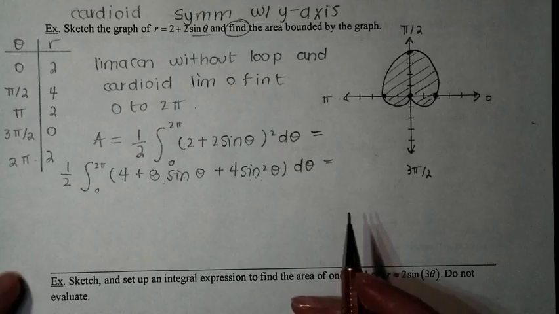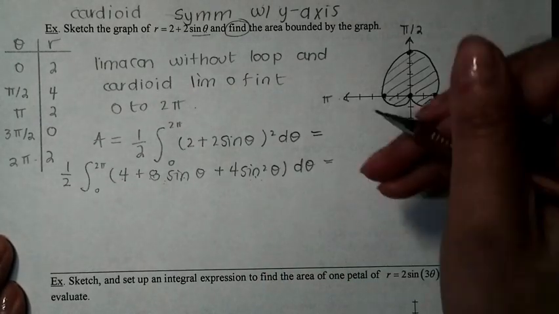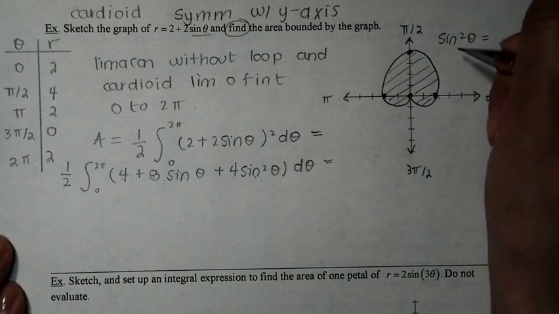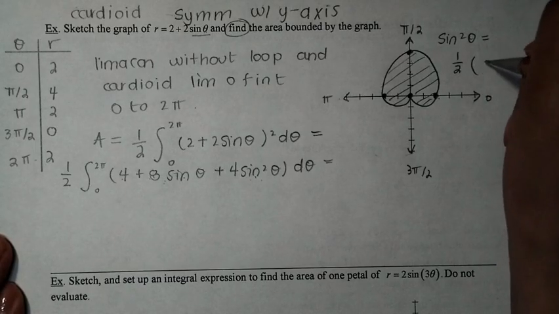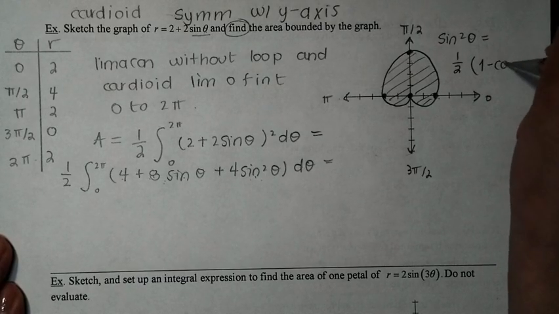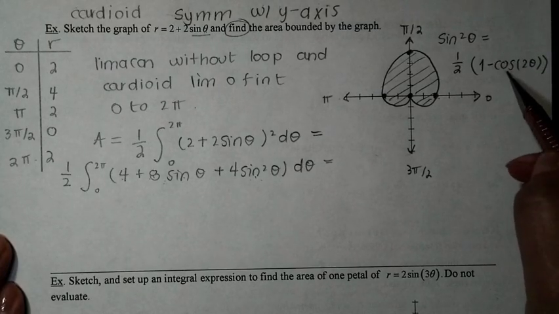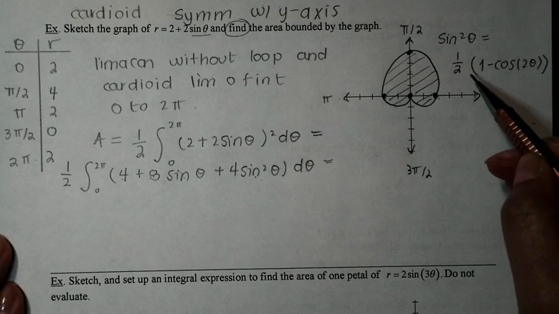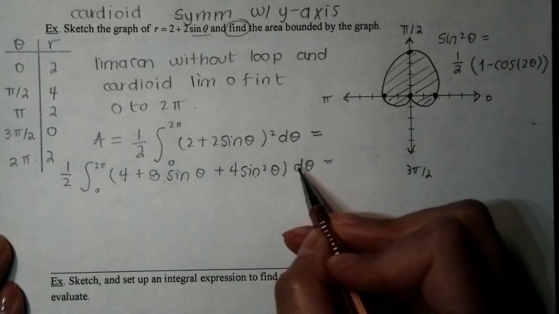What is the half angle formula? Sine square of theta is equal to 1/2 times 1 minus cosine of 2 theta. Why? Because this is way easier to integrate. If I plug it in instead, what do you have?